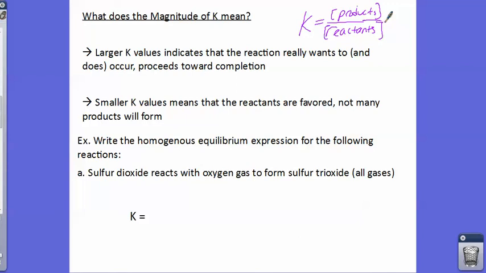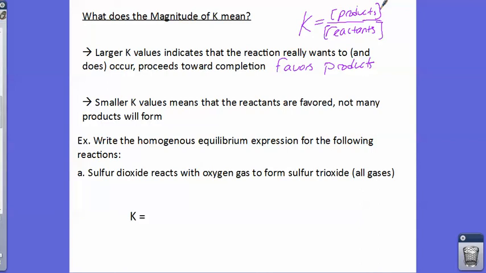So in other words, it favors the products. So if you're thinking of this from a numerical standpoint, you have more products than you do reactants when you have a large K. A small K means the reactants are favored, so not many products are going to form.